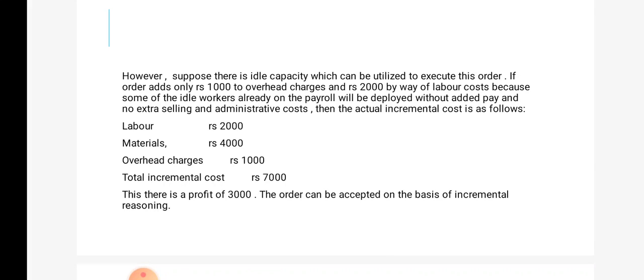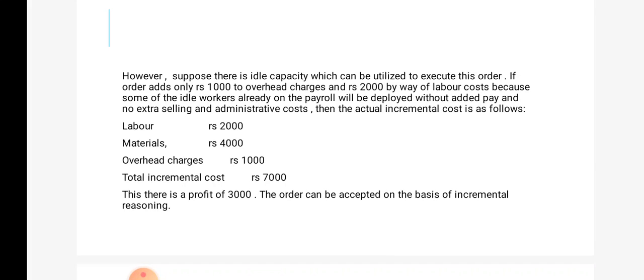So let us assume that the extra order requires a labor cost of rupees 2,000, materials rupees 4,000, and overhead charges rupees 1,000, because there was idle plant capacity and also idle labor capacity.